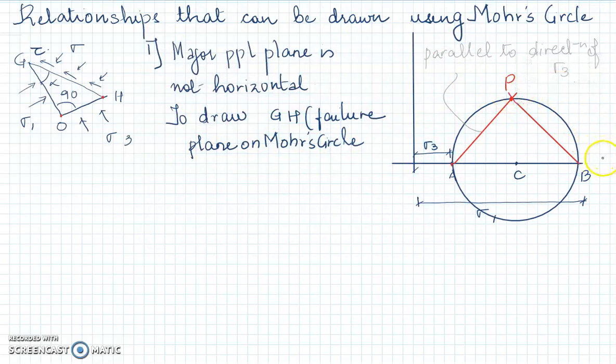Now, what have I achieved by doing this? If you realize, what is the angle between sigma 1 and sigma 3? It's 90 degrees. What will be this angle APB? It has to be 90 degrees because APB is subtending the diameter.